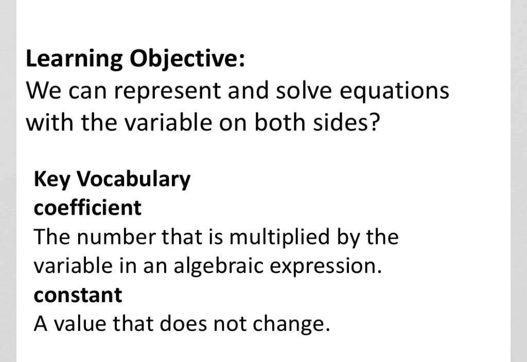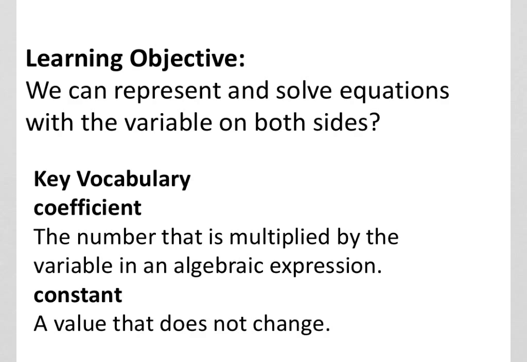So what are we trying to learn? If we can represent and solve equations with variables on both sides of the equal sign. Some key vocabulary words we want you to understand is the word coefficient. A coefficient is simply a number that is multiplied by a variable in an algebraic expression.